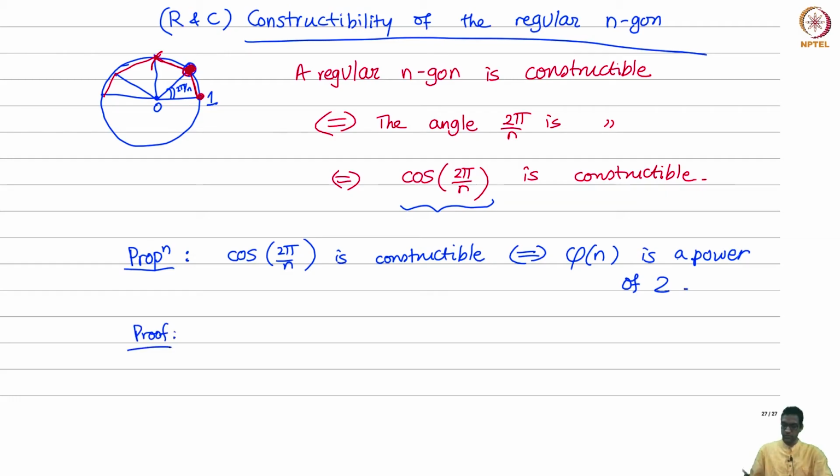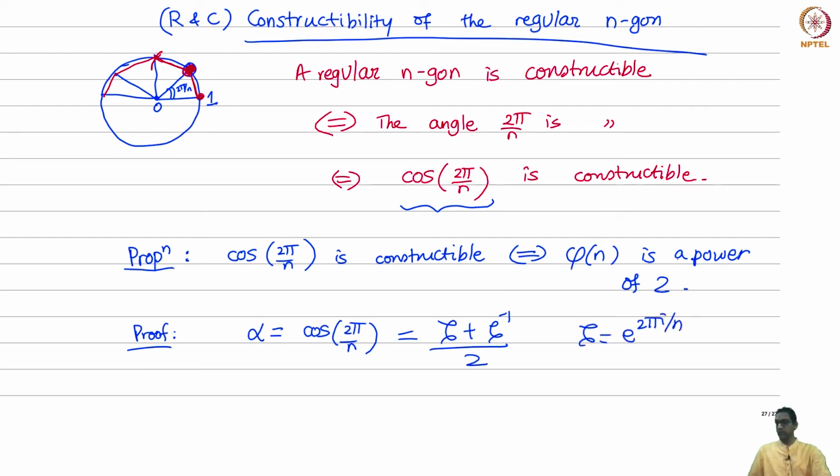Proof. So first, let's call this number alpha, which is cosine of 2 pi by n. This is just (zeta plus zeta inverse) by 2. Okay, what is zeta? Zeta is our complex nth root of unity, and if you just compute this plus this, I mean e to the minus 2 pi i by n, divided by 2, that's one of the definitions of cosine.